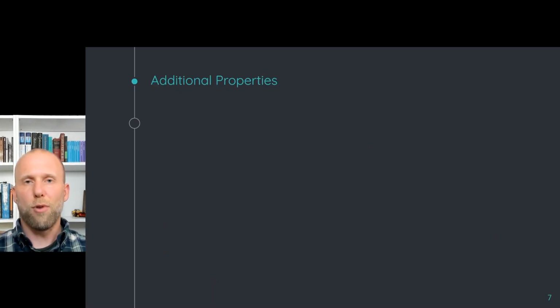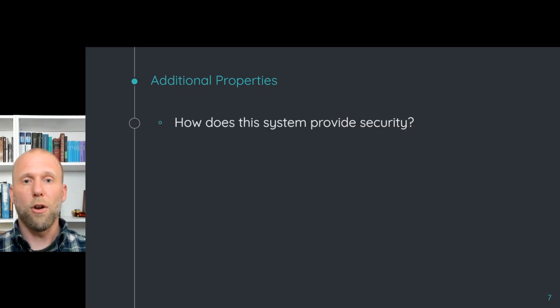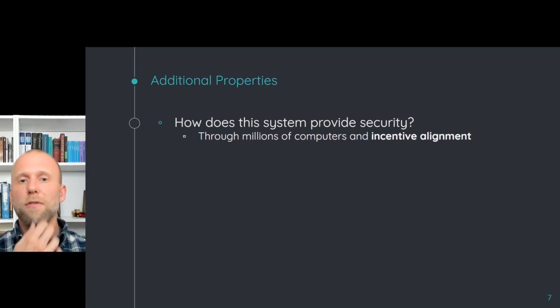Here are some additional properties of the Bitcoin network that tie back to what we've talked about previously about certain characteristics that good money has to have, right? So how does this system provide security? Through millions of computers and incentive alignment.